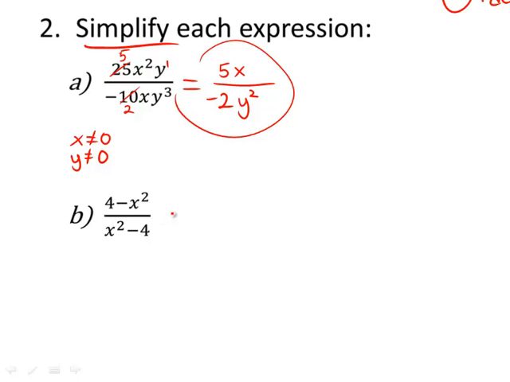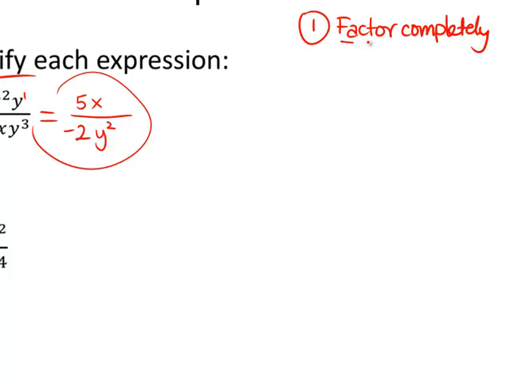The next problem, we want to make sure that you have factored completely, and then once you have done so, you also want to make sure that you have decreasing exponential order. Once you've factored completely, notice that we are simplifying common factors.